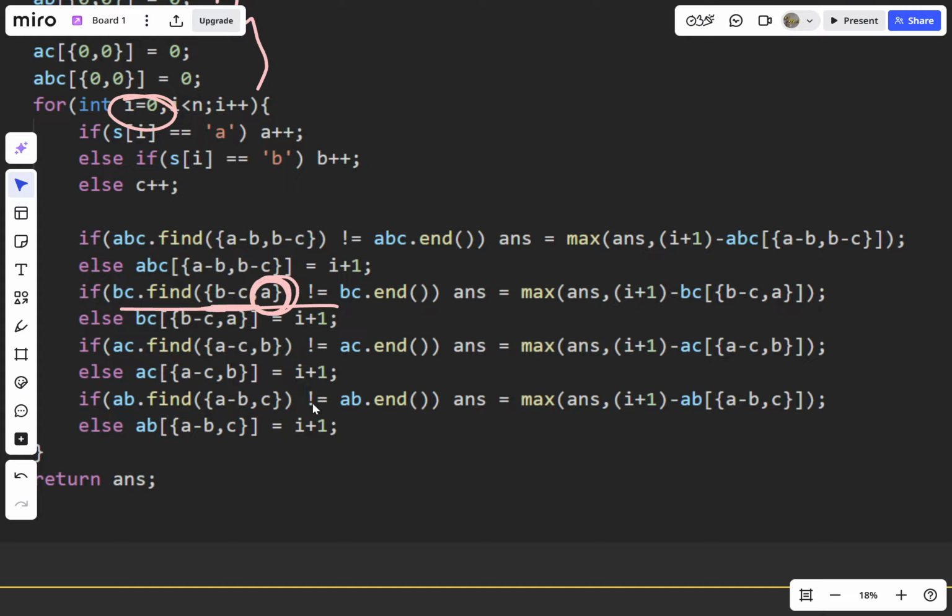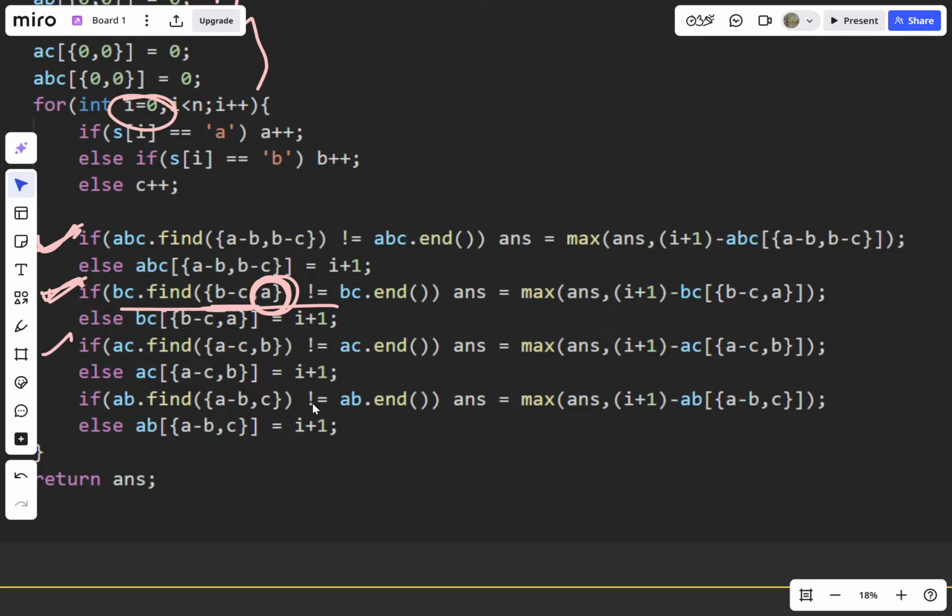That represents that the A count should be similar in the current and the before substring, because we are finding the substring which contains only B and C, not A. Here we are finding the substring which contains A, B and C, all three of them with the similar count. So their count should also be similar.